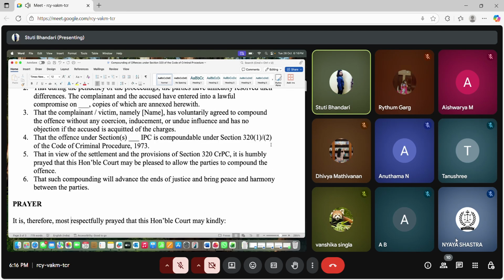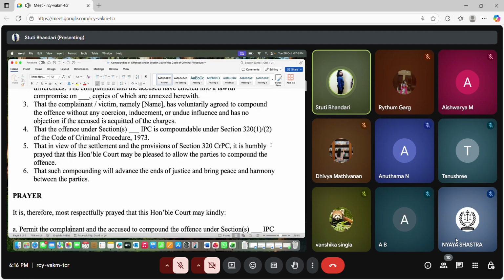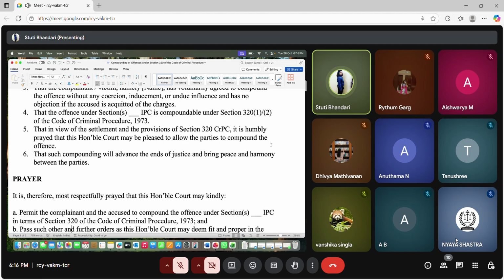Prayer. It is therefore most respectfully prayed that this honorable court may kindly A. Permit the complainant and the accused to compound the offence under section dash IPC in terms of section 320 CRPC.